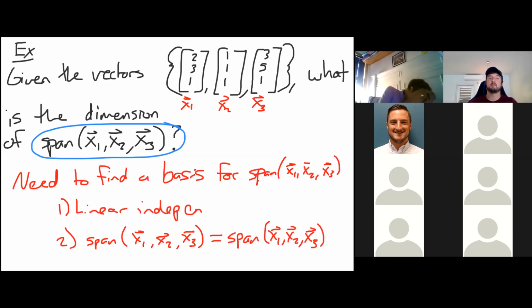So if we start with just those three vectors, we're already given that the spans are the same, right? It's a straight up easy logical statement because those sets are the same. I don't have to worry about finding a spanning set as well. We're already given it. I just have to figure out whether or not these are linearly independent. Okay, so let's work on that.